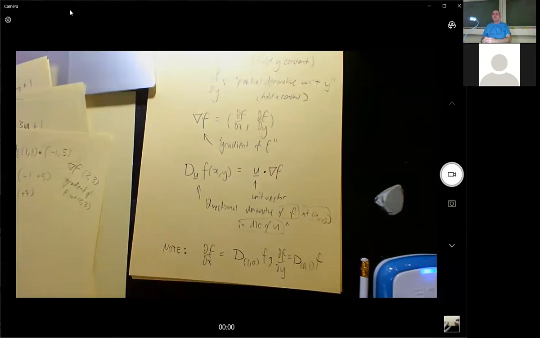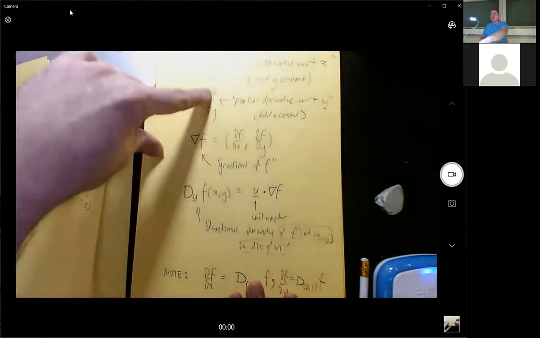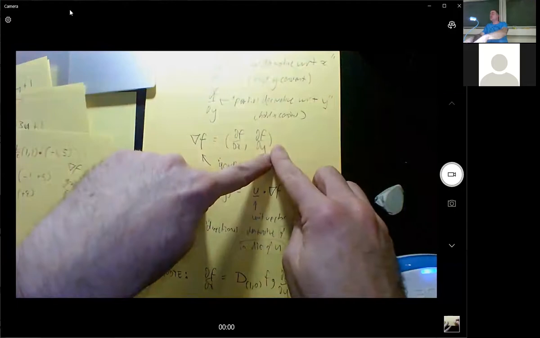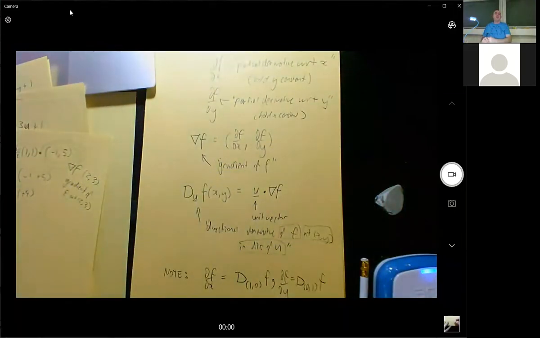Sweet. This works perfectly well in 3D. The only difference will be that there will be a df on dz as well. Everything else will be the same. And this won't be 1, 0, it'll be 1, 0, 0. And this won't be 0, 1, it'll be 0, 1, 0. And the df on dz will be the direction 0, 0, 1.